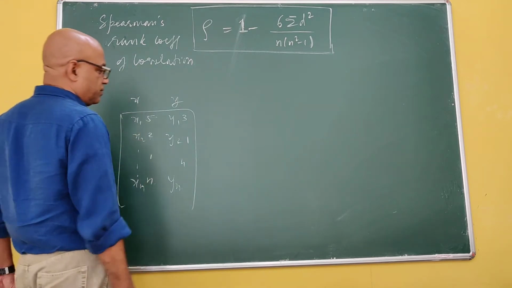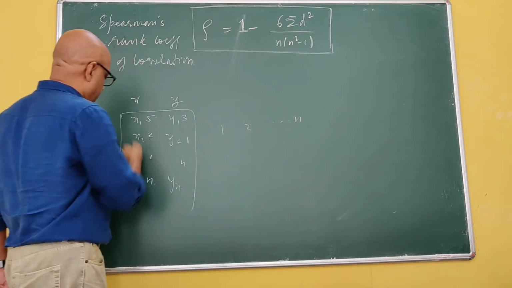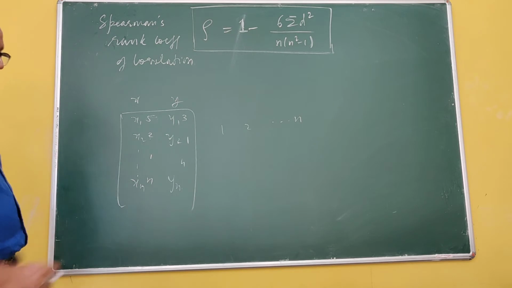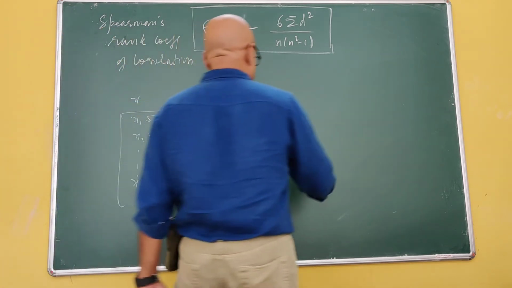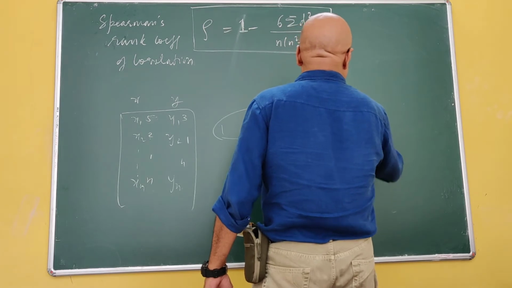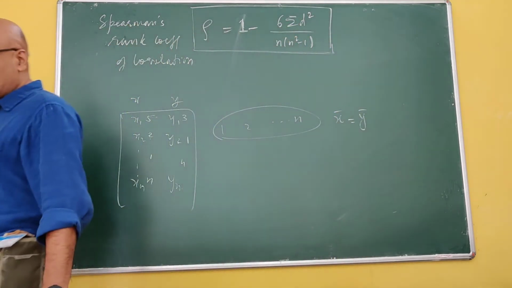But all the values from 1 up to n are there for x as well as for y. None of them are repeated, all the values are taken. Then x bar will be the same as y bar because they are the same values, in a different order.